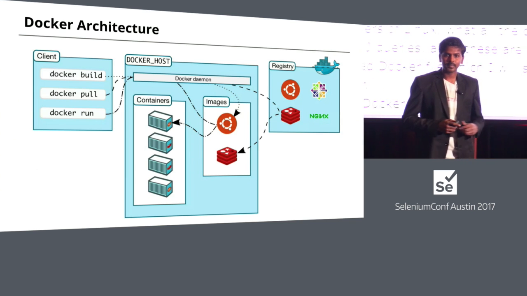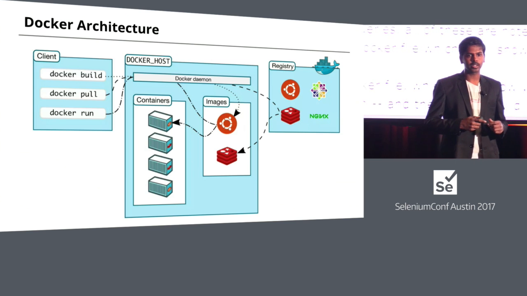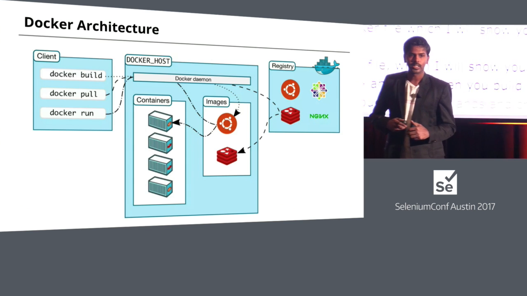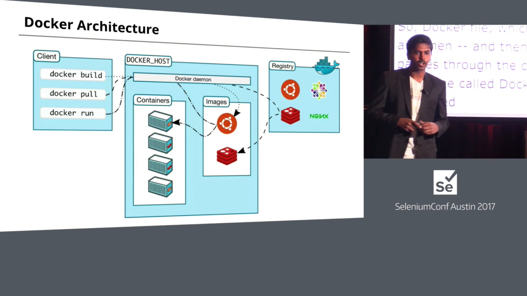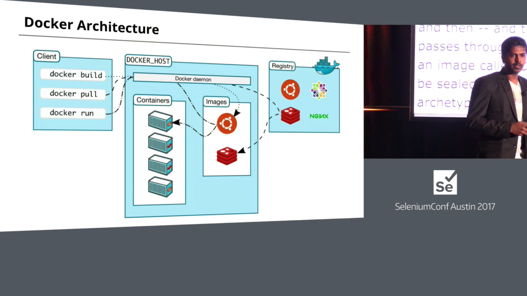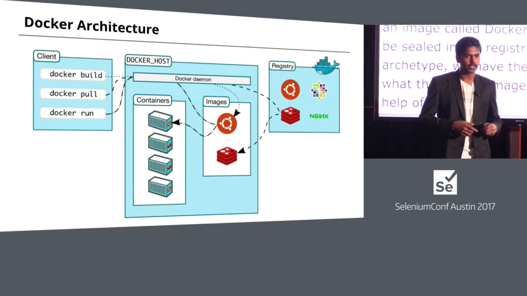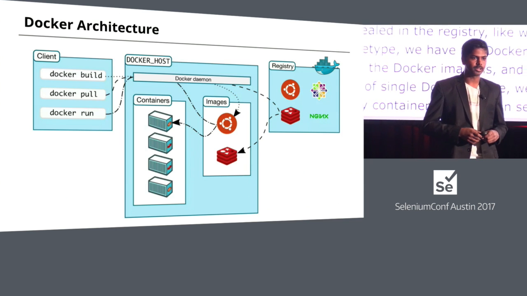Then when you build it, it passes all the commands through the REST API and creates an image called a Docker image, which can be saved in a registry, just like how we have GitHub, we have Docker Hub to save our Docker images. With the help of a single Docker image, we can spin up many containers, as you can see over there. So only one image, and you can spin up thousands of containers, depending on your hardware.